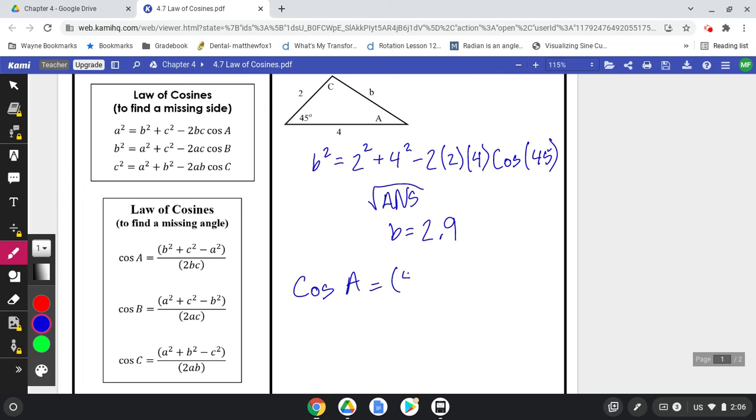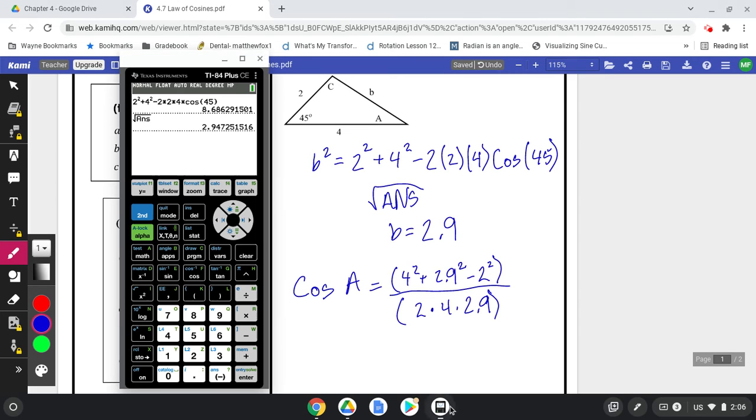So we'll do 4 squared plus 2.9 squared, and then minus whatever's opposite. So in our case, 2 squared. Put that in parentheses, divided by, now the bottom needs to be in parentheses, 2 times that 4 times 2.9.